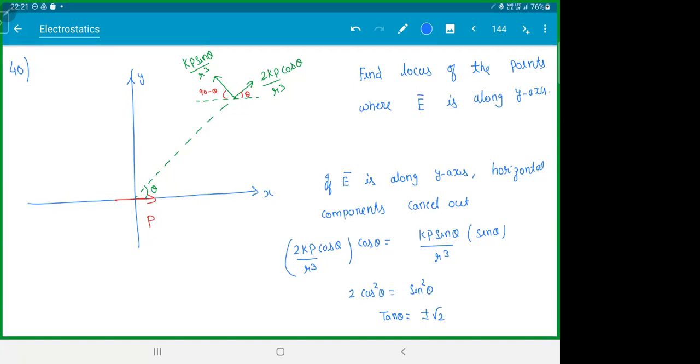Isn't that the slope of a line? So that is nothing but y is equal to plus or minus root 2x now. Y is equal to mx. Is that clear, everyone? So this is the locus of the two lines. Basically, this line and this line where tan theta is root 2. On these two lines, the field in the horizontal direction is 0. There's only vertical component.